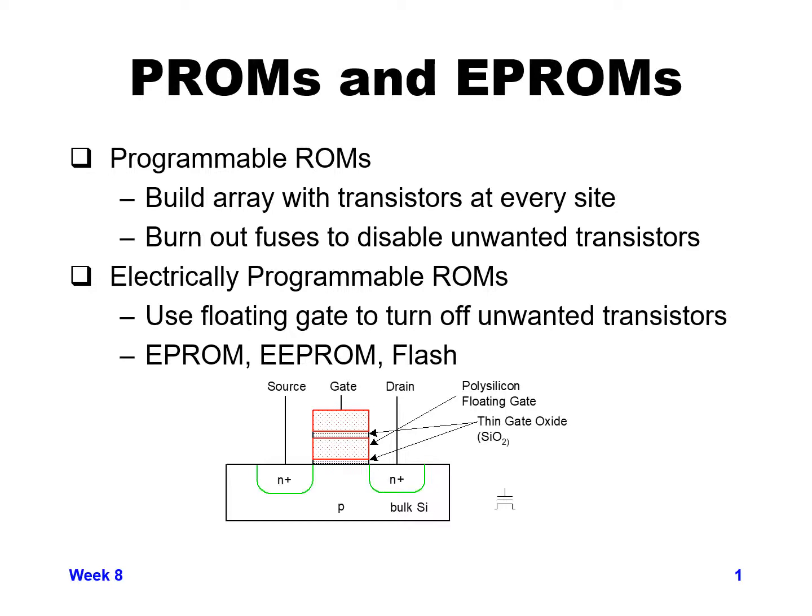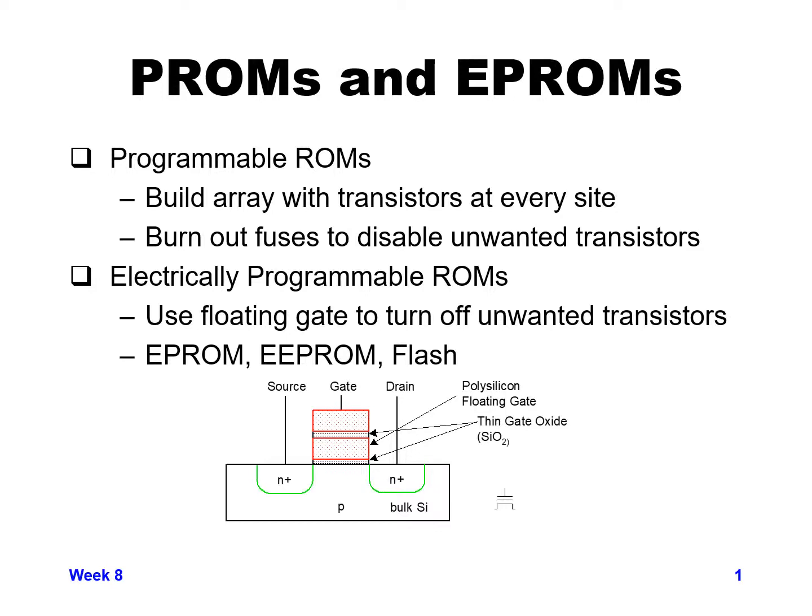But the other way of doing it is electrically programmable ROMs. And this, we kind of covered this a little bit in the process lecture, where I kind of showed how to use a programmable gate. Effectively, you use a gate type structure where you have your thin gate oxide, and then you have a polysilicon layer on top of that and a floating gate before you add your final gate at the top.